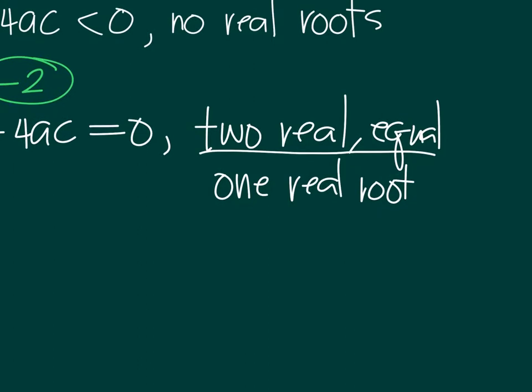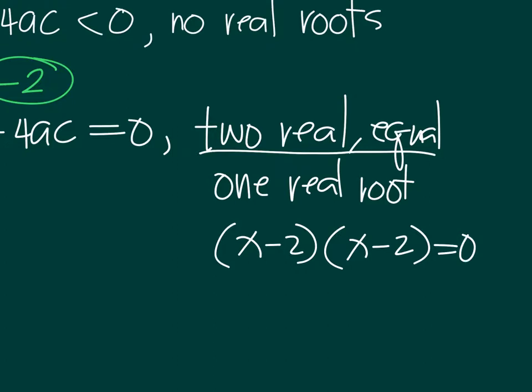Meaning to say, when you solve for the roots, you're looking for those values of x, and say you're factoring it, and you ended up with x minus 2 equals 0. That means one of the roots is x equals 2, and also x equals 2 coming from the same factor.